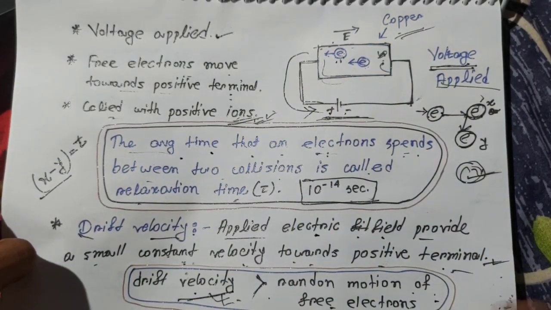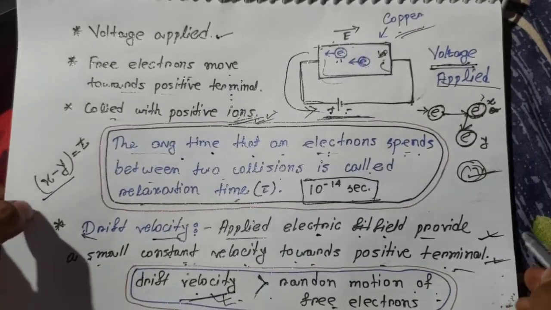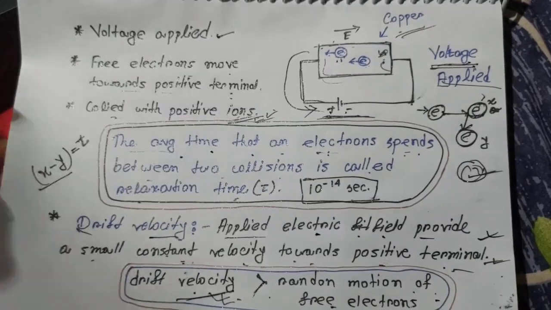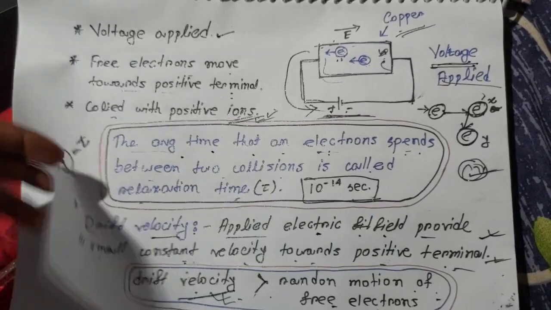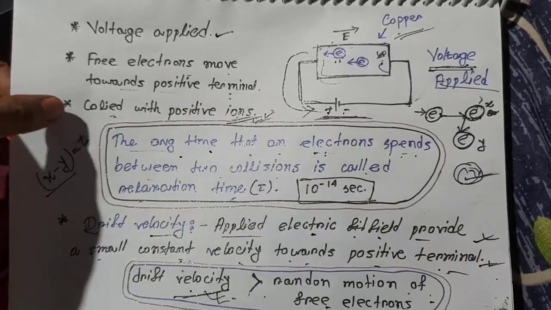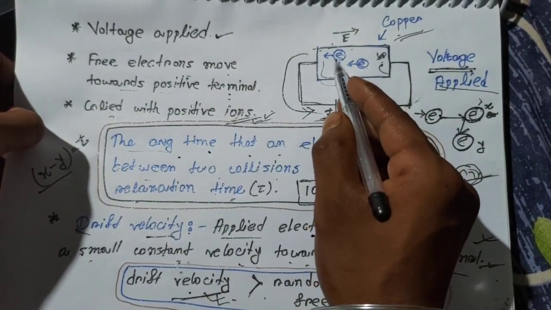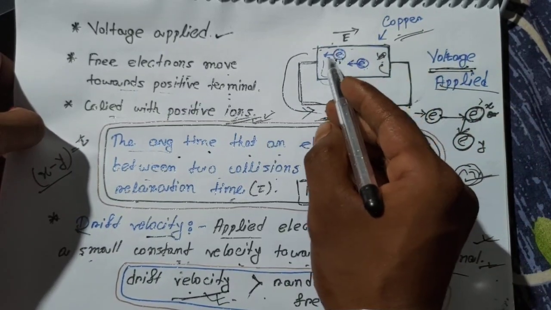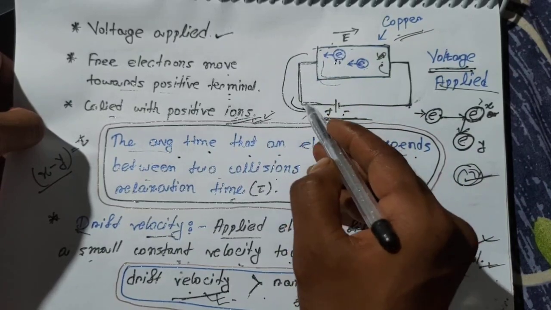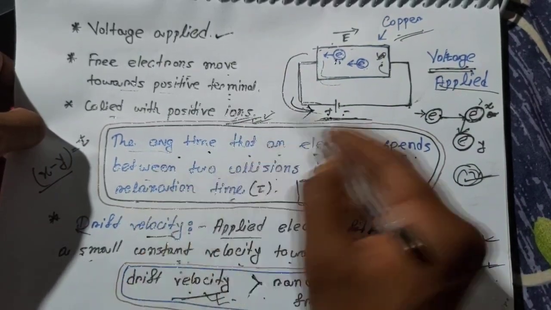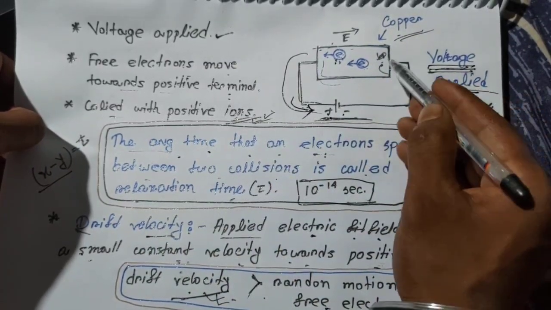I think you have understood. I'm trying to express these things very easily. Let's say again, drift velocity is the velocity that is provided to these free electrons so that they can move towards the positive terminal, and this drift velocity comes because of the voltage applied to the metal.